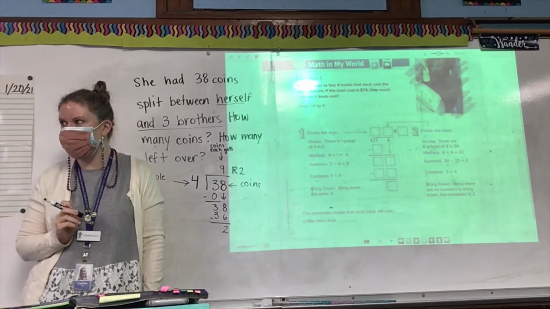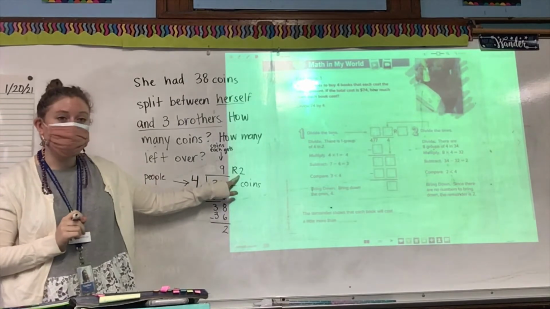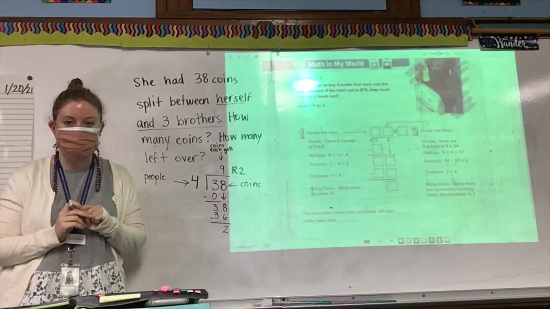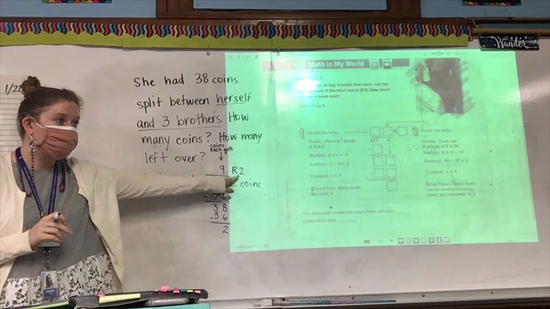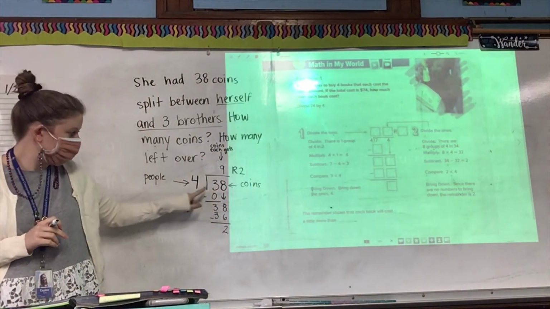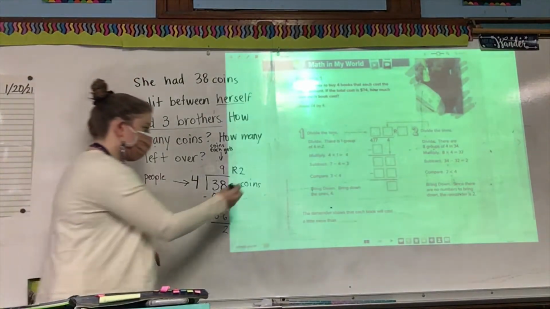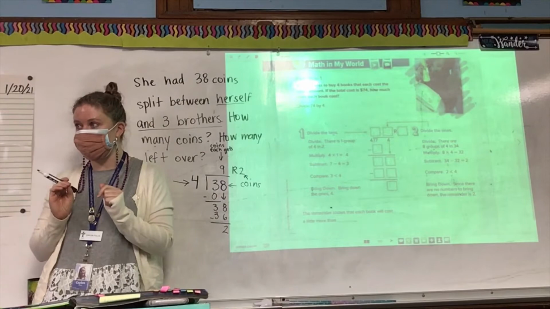Now, this is something we're actually going to take note of in just a second. The remainder is always the same unit as the dividend. Because think about it. The remainder is how many of those 38 coins are left over after we split it between those groups. So the remainder and the dividend are always the same unit.